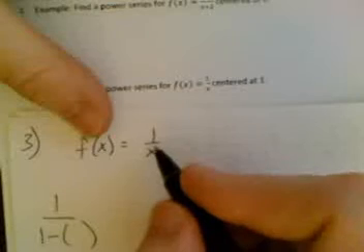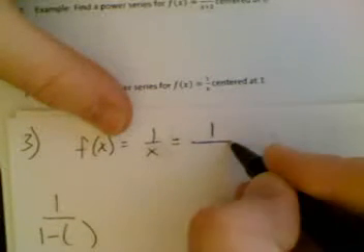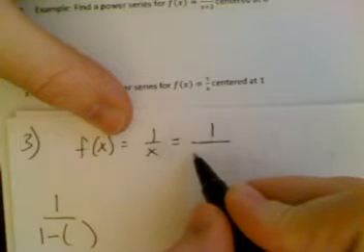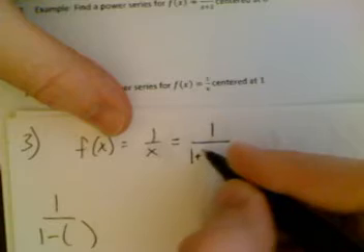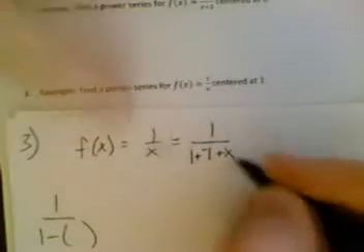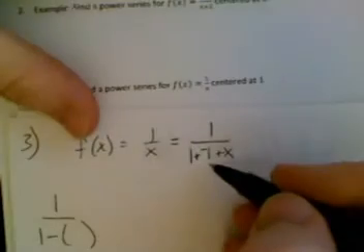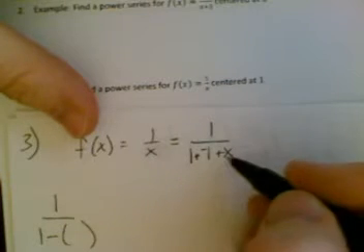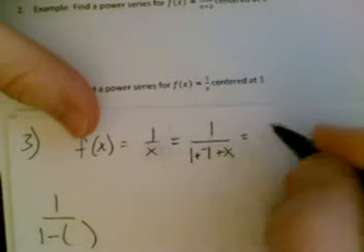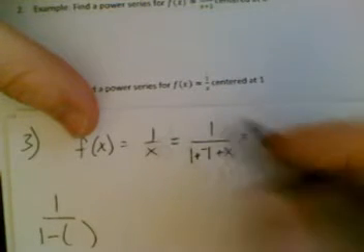Well, first of all, I can write it as 1 over, what if I added 1 and subtracted 1 at the same time? Let's go ahead and look at that. Now, if I've done this, and I want this to be 1 minus something, I need to manipulate what I have here to work that out for me.